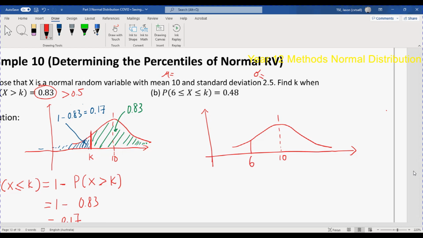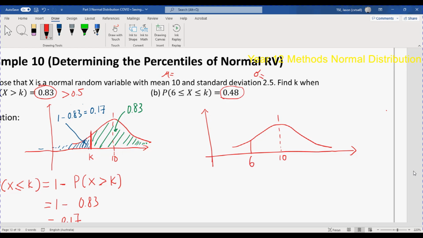Where is k? We don't know, but you see the value is 0.48. So it's a bit embarrassing because we don't know where k is. It certainly should be on the right hand side of 6, but whether that k would be larger than 10 or smaller than 10 is hard to tell, because that number is very close to half of the area.